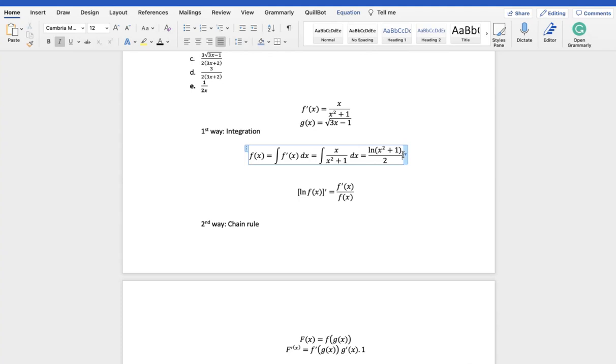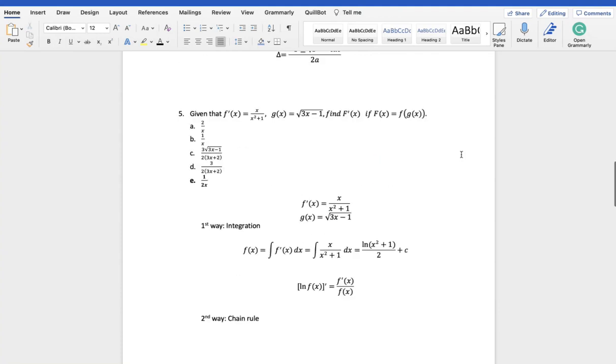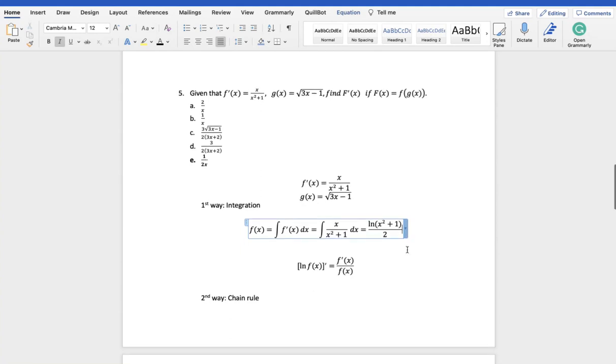So this is what we have. Obviously, it's plus c, which is our constant of integration, although I don't think we really need it here. So for now, we can just ignore the constant of integration and just take the function as it is.